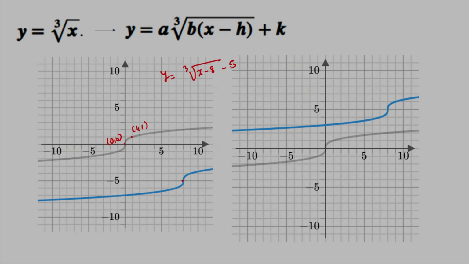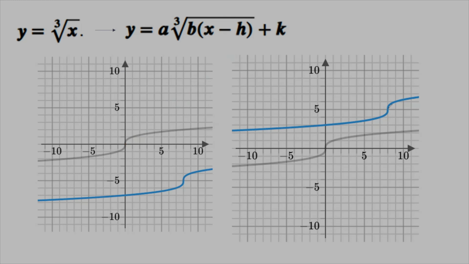Now if you want to check for stretch and shrink, 1 comma 1 is a point on the parent function. Now move it 8 to the right and 5 down. So it will be 1 plus 8 is 9, and 1 minus 5 is negative 4. But check this coordinate. Is it just 9, negative 4? Yes. So there is no stretch and shrink. It's only pure translation.